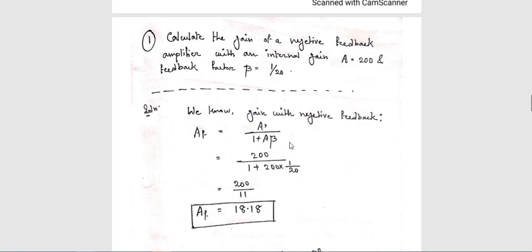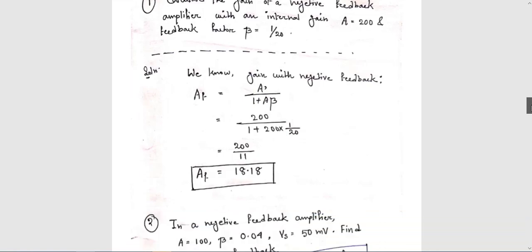A is 200, so write down 200 divided by 1 plus 200 into 1 by 20. Again, this is not feedback factor, this is feedback ratio. You are given feedback ratio and internal gain, and you have to calculate only AF. So this is the result of AF. This is a very easy question.